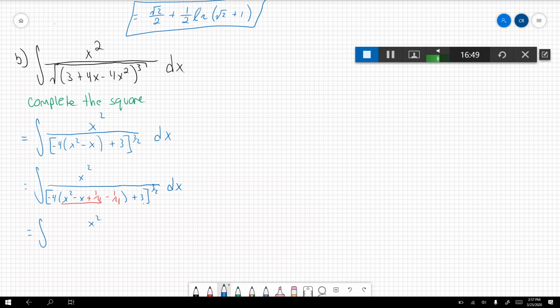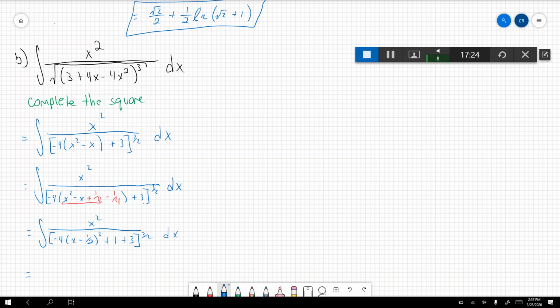So that's going to be x squared divided by, oh, you know what? I don't like that divided by symbol there, so let's go x squared divided by, here we go, -4 multiplied by x minus 1/2 quantity squared, but then the -4 is going to multiply this -1/4 to give us a +1, and then we have +3 raised to the power of 3/2. And this is all dx.